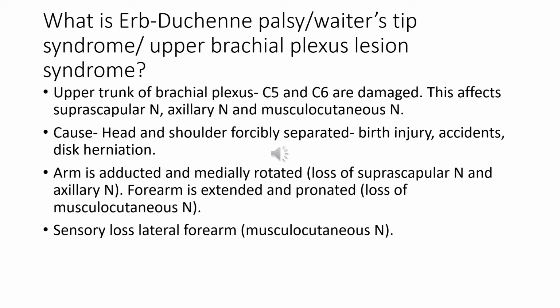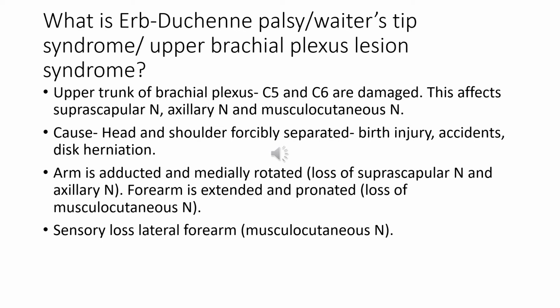Now, Erb's palsy happens when the head and shoulder are forcibly separated, like during birth injury, accidents, or disc herniation. Usually, this happens in birth injury. Now, here what happens? The arm is adducted and medially rotated because of loss of suprascapular nerve and axillary nerve.